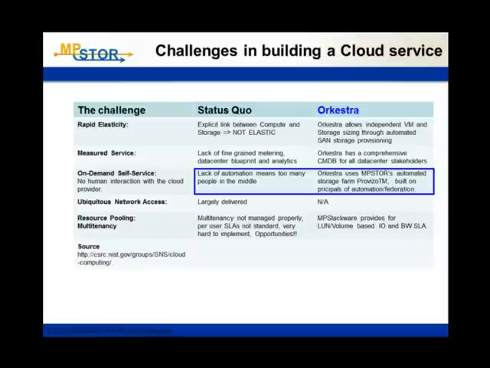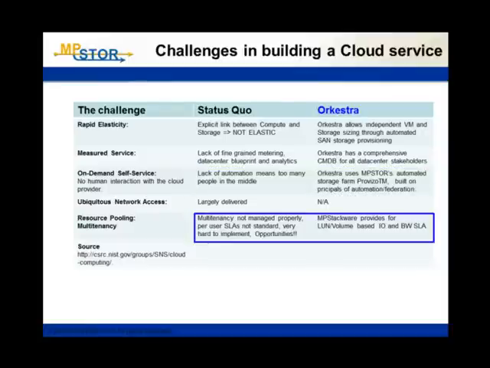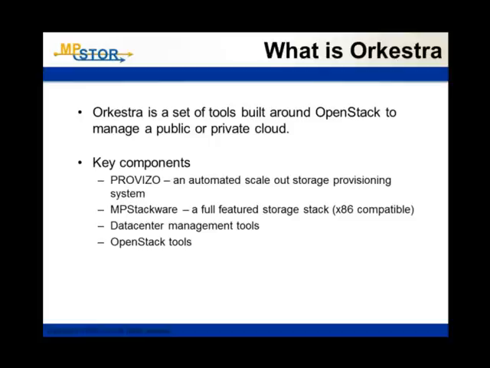So ProVizo is built upon the principles of automation and federation, which reduce greatly the data center operational expenditure cost. The storage stack used by Orkestra is based on MPStackware, and that provides quite a lot of features for resource pooling and multi-tenancy.